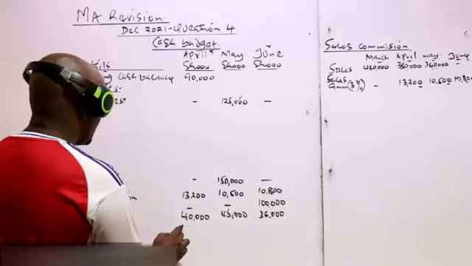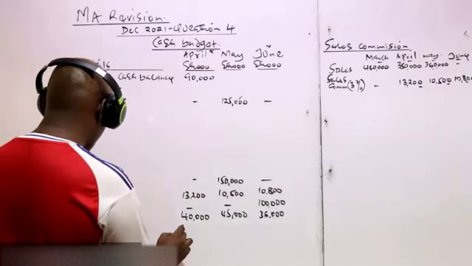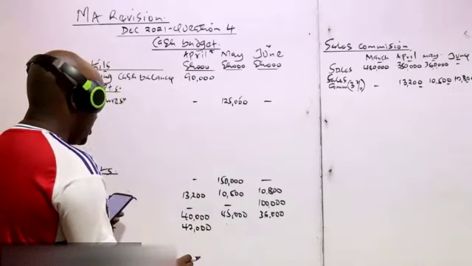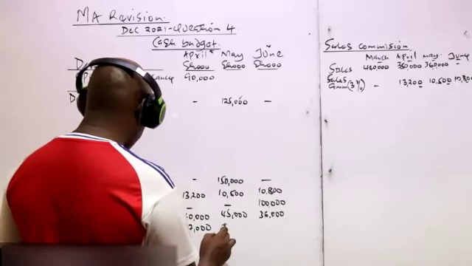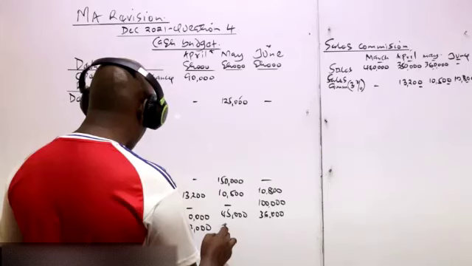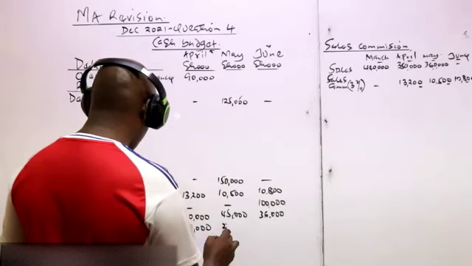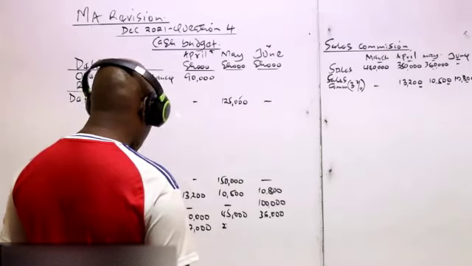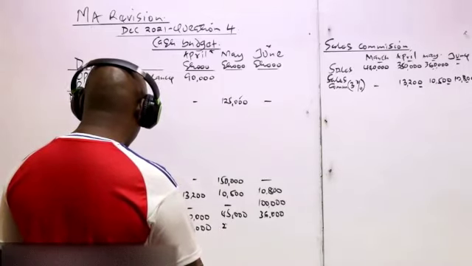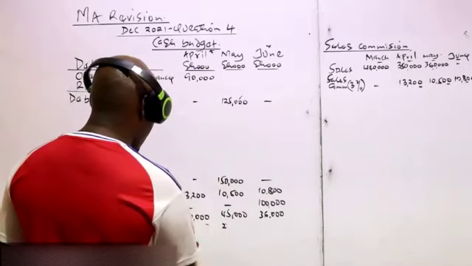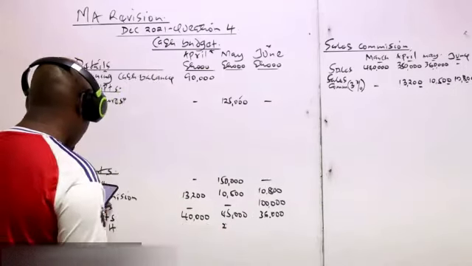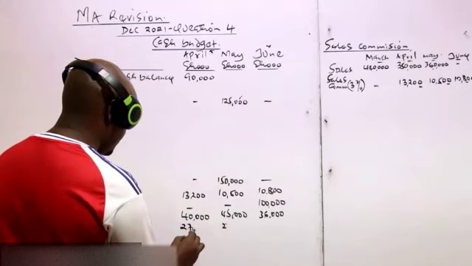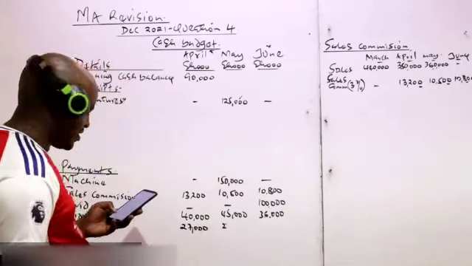So the ones which will be paid here in April are for March. The ones to be paid in May are for April. What have I taken here? The administrative overheads for March were 27,000.